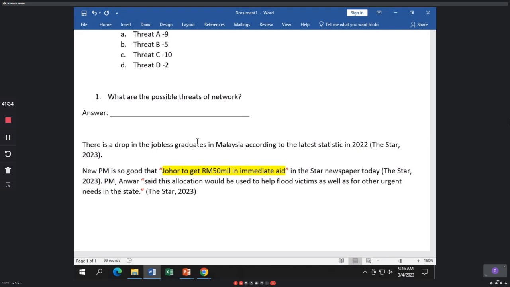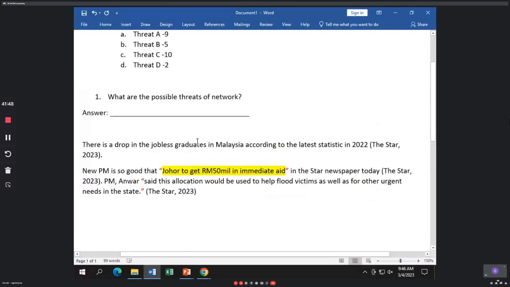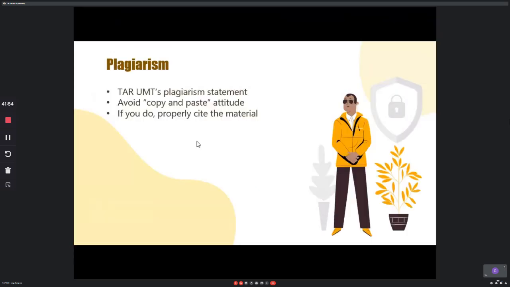You don't interpret the content and rewrite it in your own sentence. Nobody wants to read your article. I might as well go and read the Star. Why must I read your article? And nobody wants to publish your paper if you write it this way, although it's ethical. So don't do that.